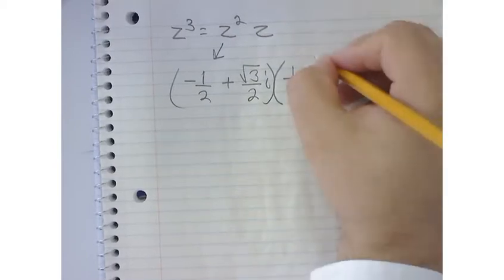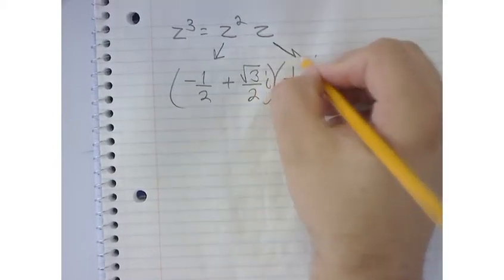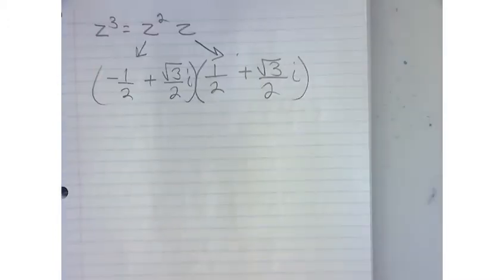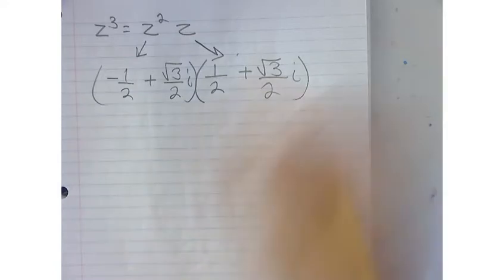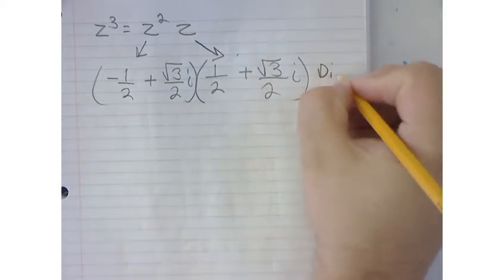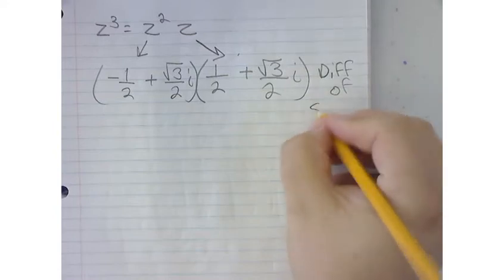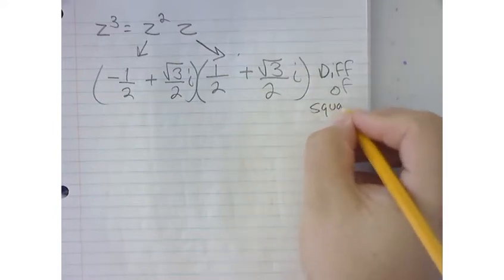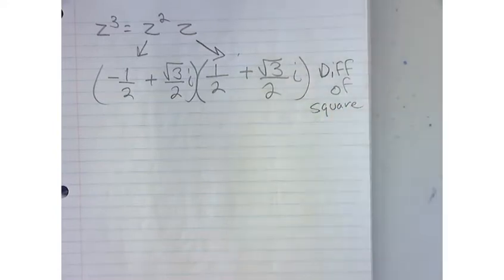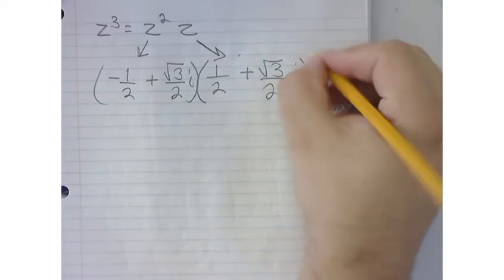Now, does anybody recognize what this is? It's a special case. I'll get you started. Difference of squares. So there's a pattern, and now Mr. Adams sees he's going to have to go back and teach you what that means.